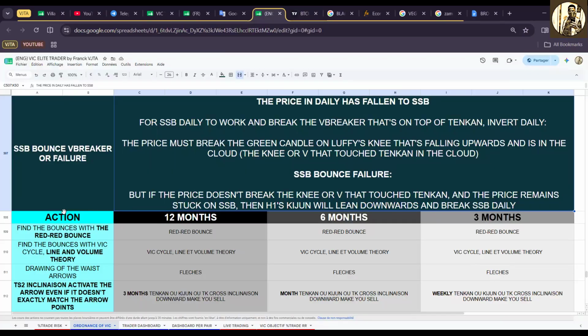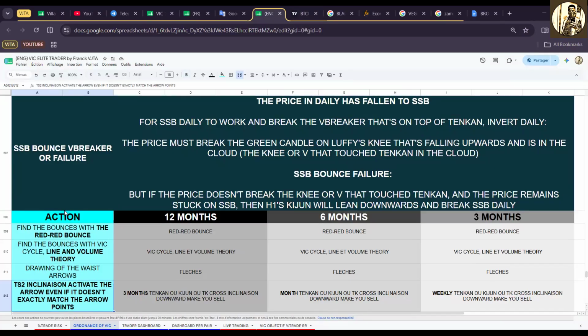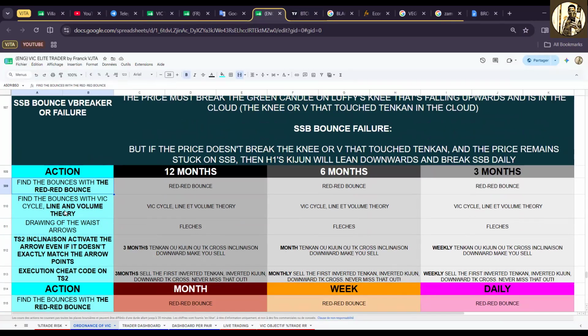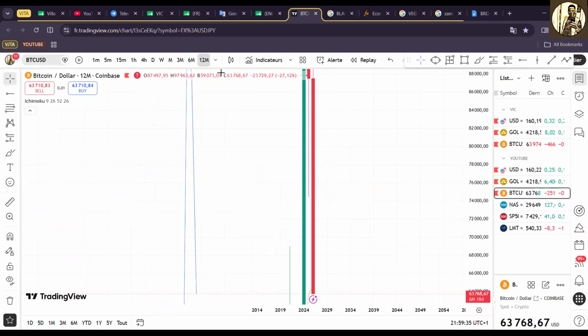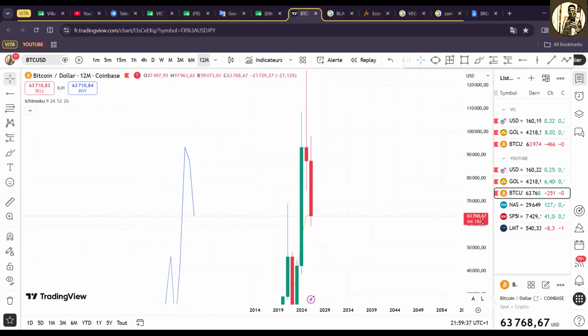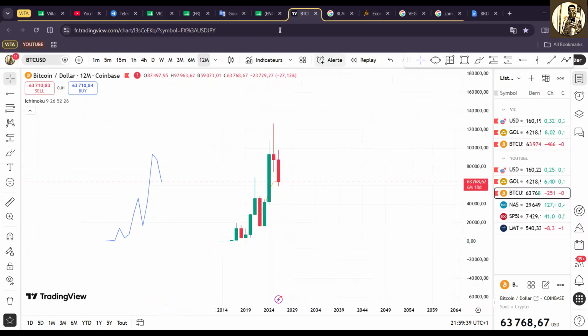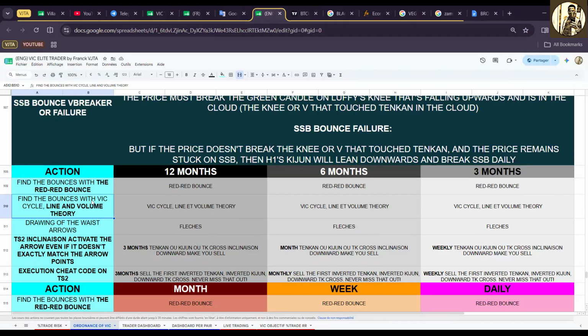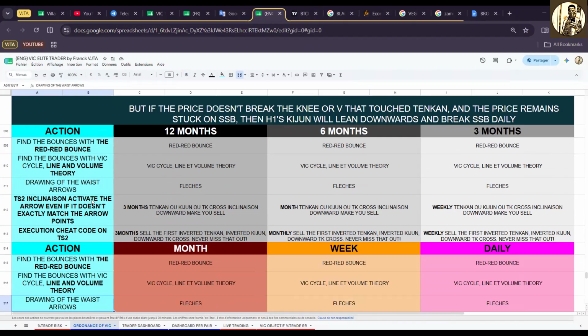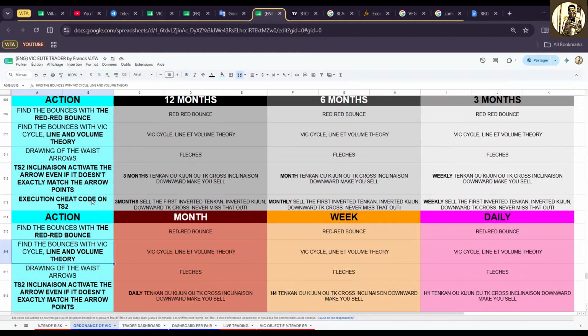Okay, so now let us look at the elements of the size theory. Let us start with the 12 month. On the 12 month, what do we have? The first thing you need to look at when you do the size theory is the red bounce.